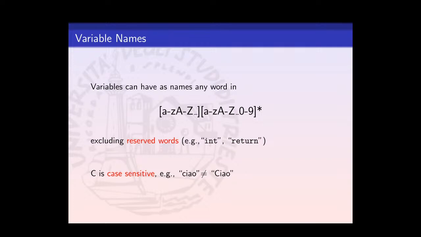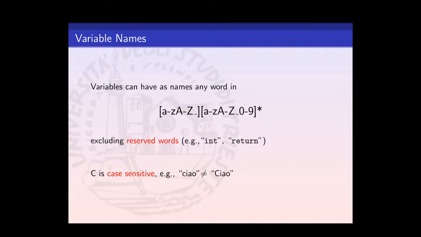Well, we will see that in the C programming language there are some words which are reserved for specific tasks, and so we cannot use them to represent the name of a variable. For instance, two examples. If you go back to the template I showed you before, there was a word named return, and there was a word named int. These two words cannot be used as a name of a variable.